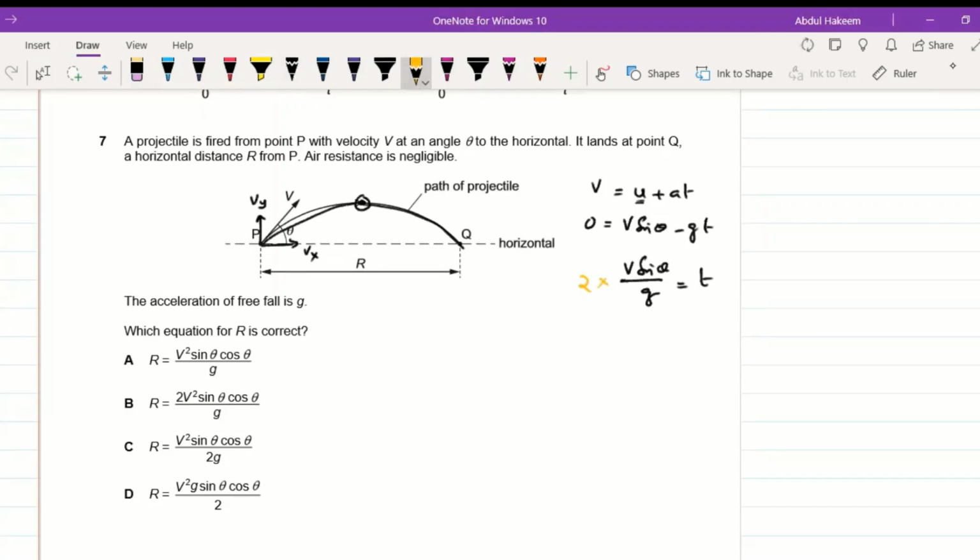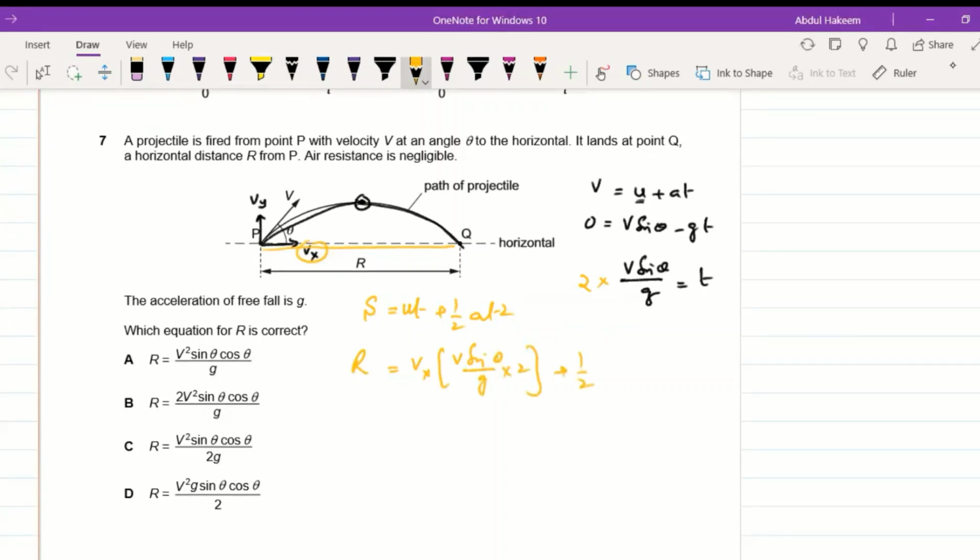Now, the horizontal distance R is covered by the horizontal velocity. So we can write s = ut + 1/2 at². The horizontal distance is R, the horizontal velocity is Vx, and the total time taken is v sin θ over g times 2.